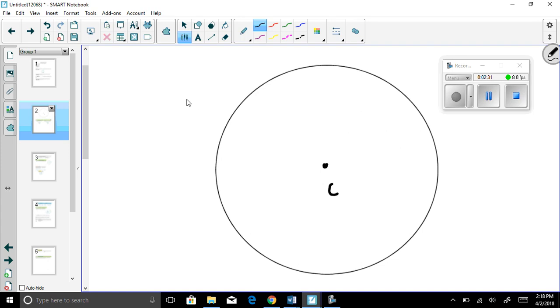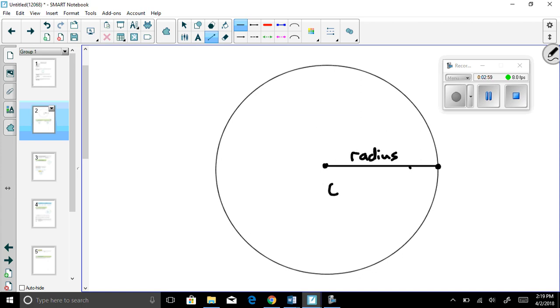So a radius, as we defined it, was a segment with endpoints at the center and on the circle. So if we were to draw a radius here, we would have endpoints at the center and an endpoint on the circle. So out here, where that segment touches the circle, that would be the two endpoints, and this is what we call a radius.